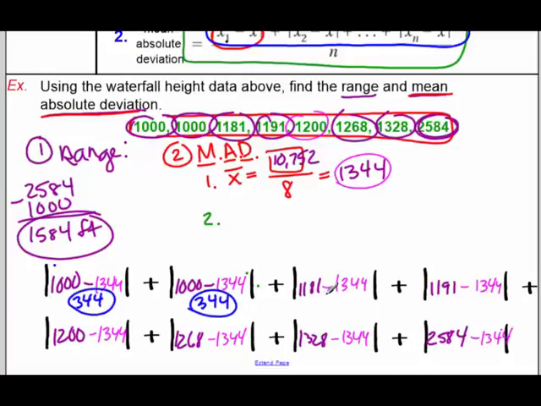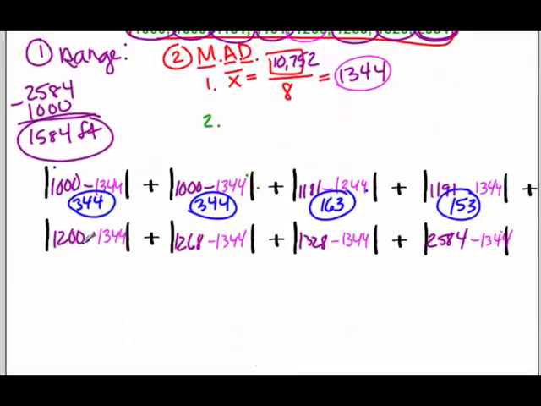1181 minus 1344 ends up to be negative 163, but absolute value makes it positive 163. 1191 minus 1344 is negative 153, but the absolute value bars make it positive 153. 1200 minus 1344 is negative 144, oh sorry, negative 144, so with absolute value bars, positive 144. 1268 minus 1344 is negative 76, so I'm going to make this positive 76. 1328 minus 1344 is negative 16, so it ends up to be positive 16.